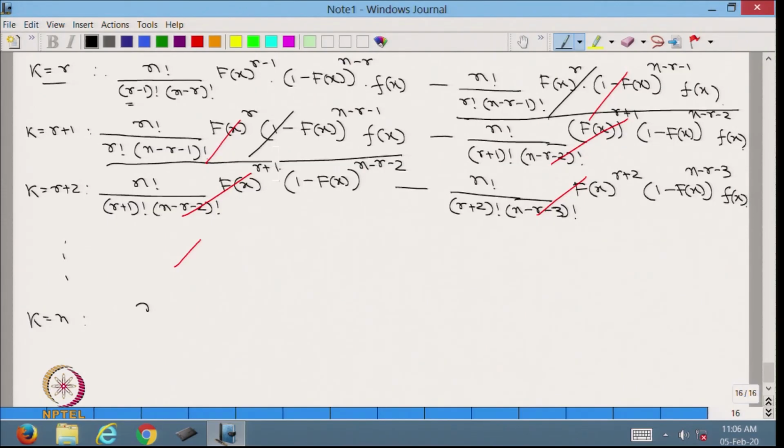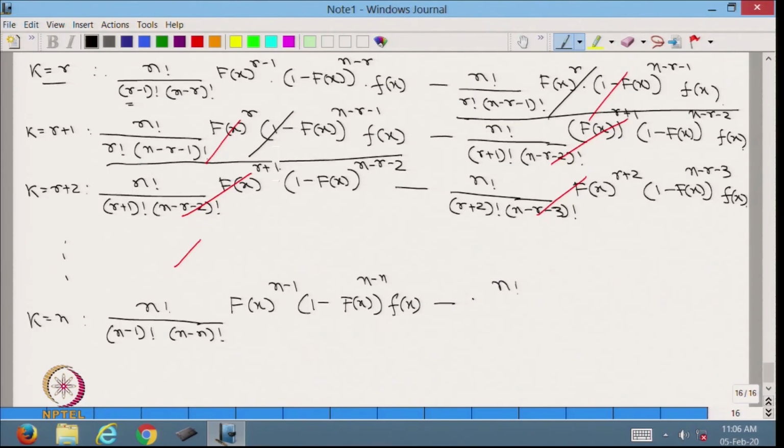This is going to be n factorial upon (n minus 1) factorial into (n minus n) factorial, which is 0 factorial, into F(x) to the power n minus 1 minus F(x) whole to the power n minus n small f(x), minus n factorial upon n factorial, minus 1 factorial, F(x) to the power n minus 1 minus F(x) to the power minus 1 into f(x). Now, minus 1 factorial does not exist.